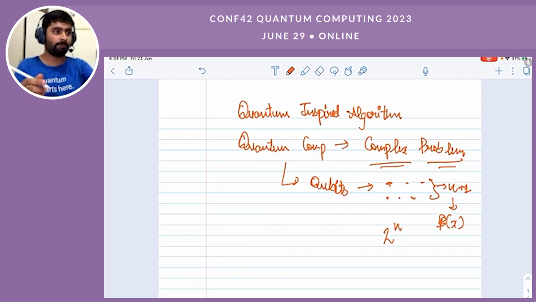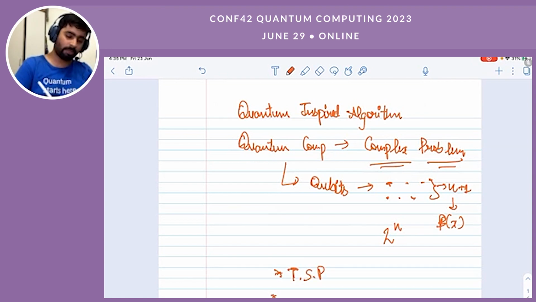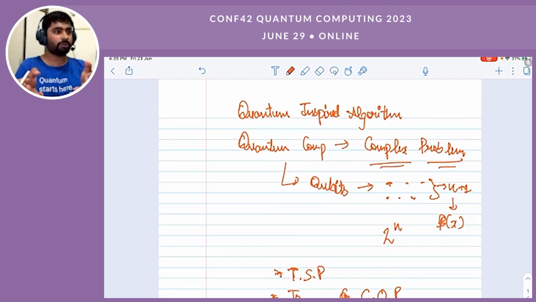Some problems, like the traveling salesman problem, topology optimization problems, and your usual combinatorial optimization problems, don't have an exact solution, so they work on approximate algorithms. There's no better way to solve these problems than on a quantum computer.